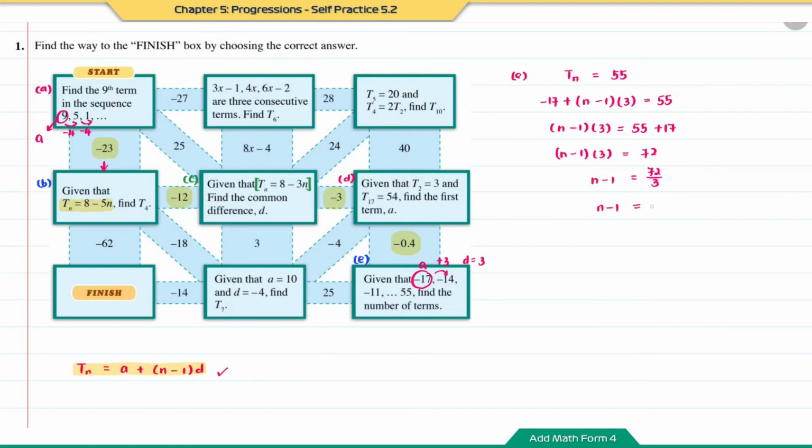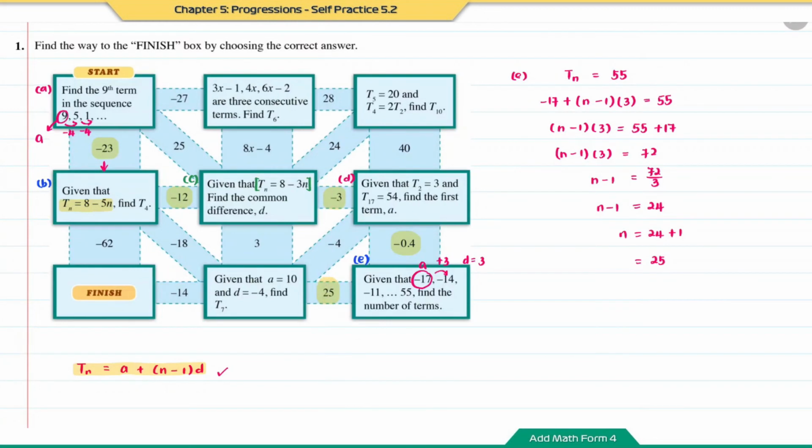This gives 24. So n equals 24 plus 1. Therefore, n is equal to 25. So from -17 to 55, with a common difference of 3, you have 25 terms. So the answer is 25.